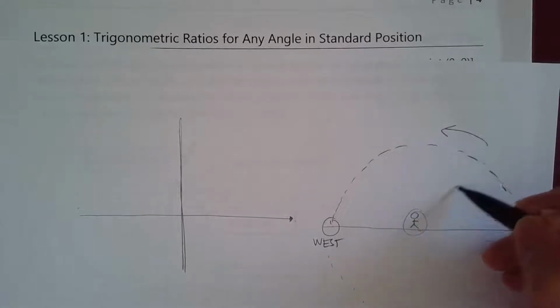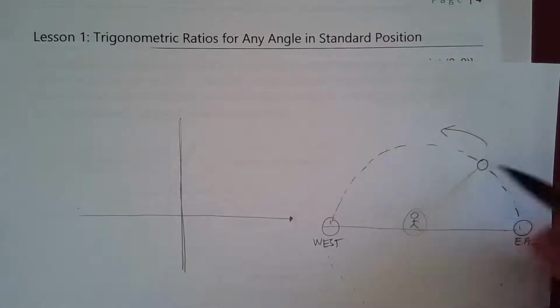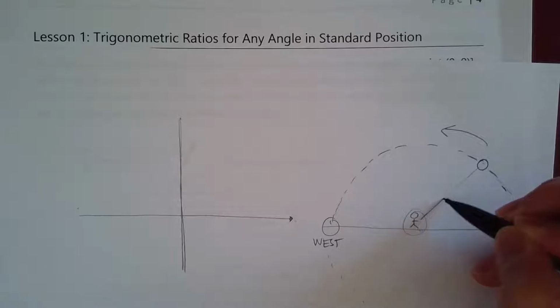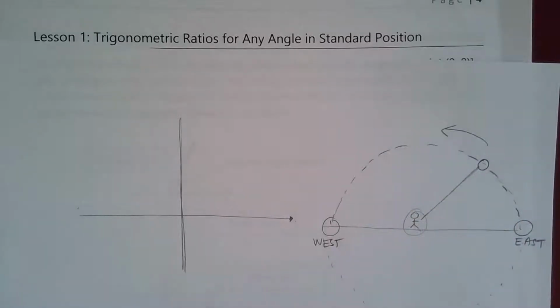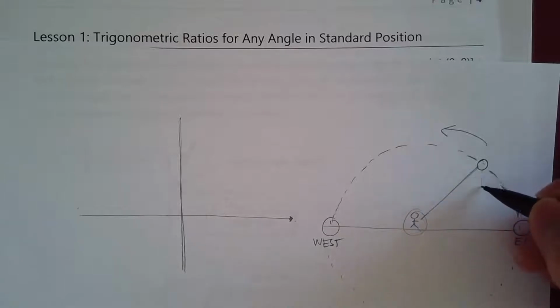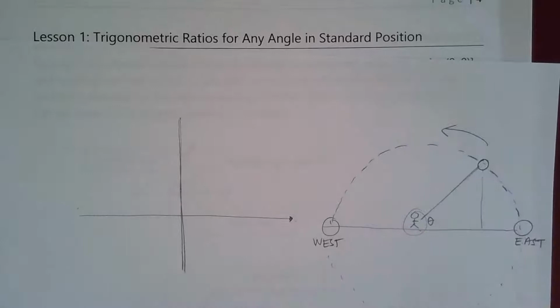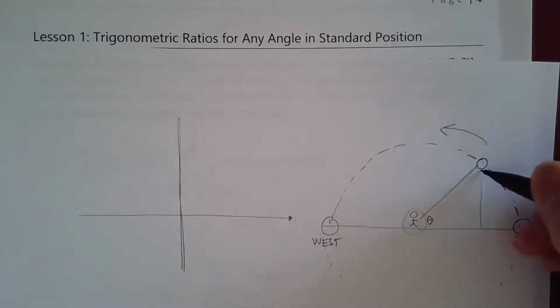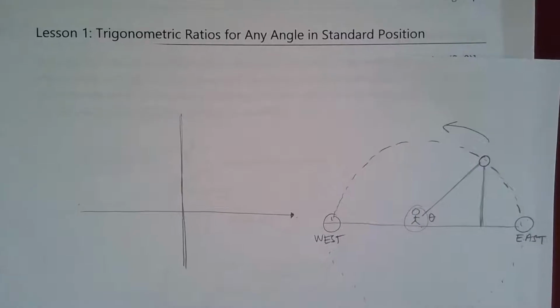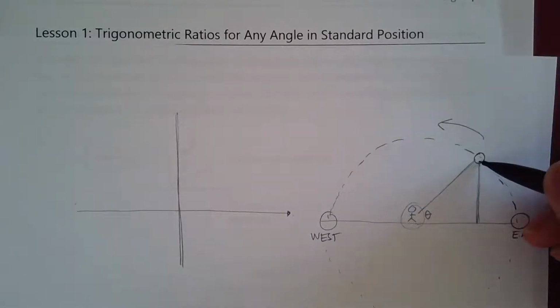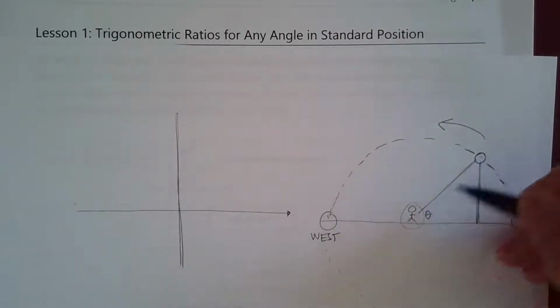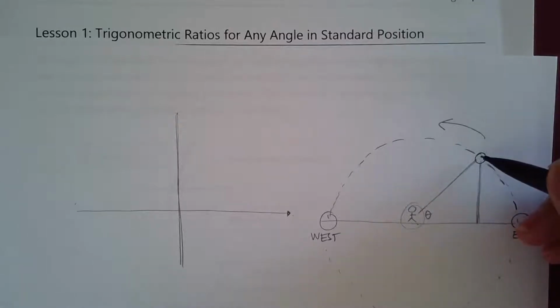And when the sun gets over here, we get to figure out, well, what is that angle of that sun? So we're looking at the angle right there. And then this part here is like we're asking, okay, how high is the sun relative to the earth here?